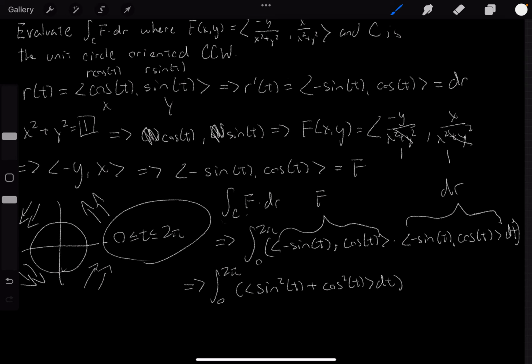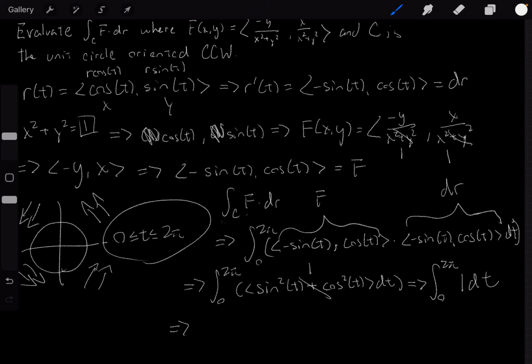Now if you know your trig identity, sine squared of a variable plus cosine squared of the same variable equals 1, simply. And now we're left with the integral from 0 to 2 pi of 1 dt.